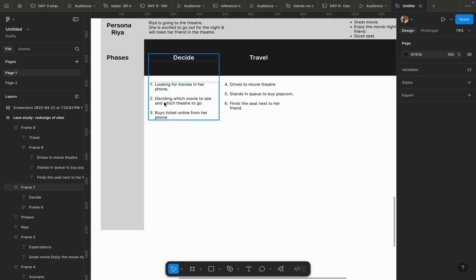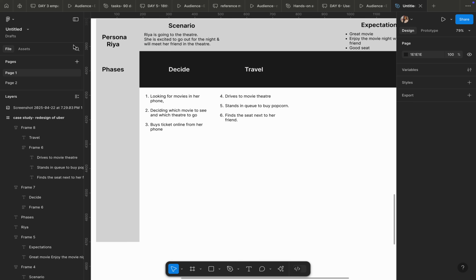So during this stage, what happens? She's looking for movies on her phone, trying to decide which movie to go to and which theater to go to, and she's buying a ticket online. So what she might feel in this stage is that she tries to find a movie near her home because she is going in the night time.